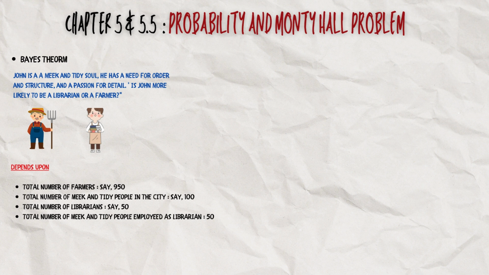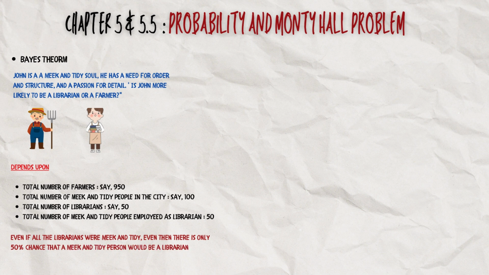Then in that case, even if all the librarians were of this personality type, that still leaves room for another 50 people being farmers and being of this personality type. That means in a population of 1,000, if you pick a random person who is meek and tidy, he can either be a farmer or a librarian. That's a 50% chance. And that is Bayes' theorem for you.